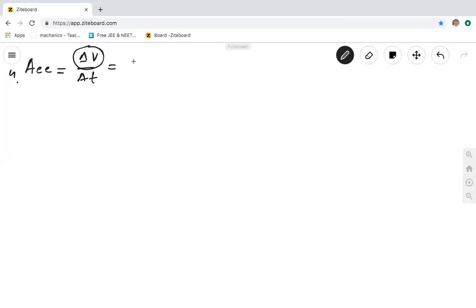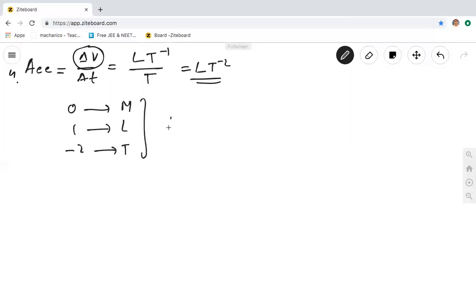So here you can write LT minus 1. Again, T, time interval. So it is LT minus 2. The dimensions are 0 in mass, 1 in length, minus 2 in time. And the dimensional formula is LT minus 2.